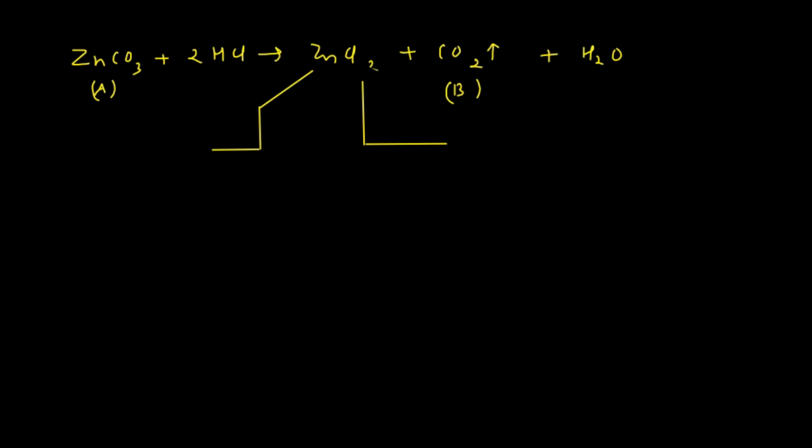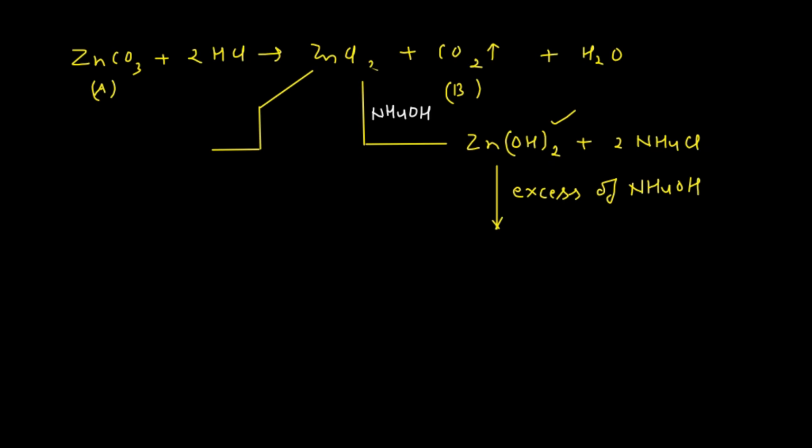So in the first portion, what we'll do, we'll add NH4OH: zinc hydroxide, Zn(OH)2, along with ammonium chloride, 2 of NH4Cl. There is no problem in that. This solution is also initially white, right? And then we will add excess of ammonium hydroxide to it.